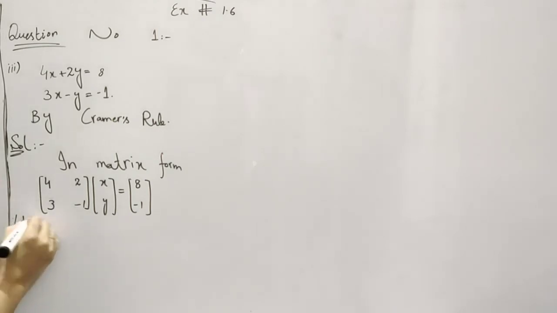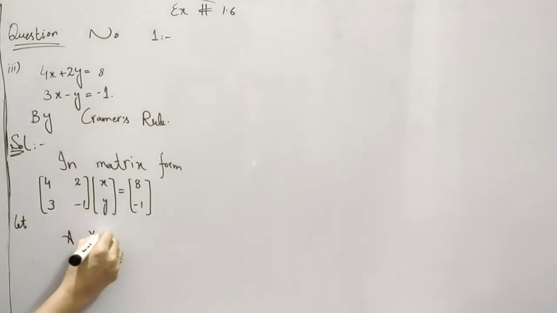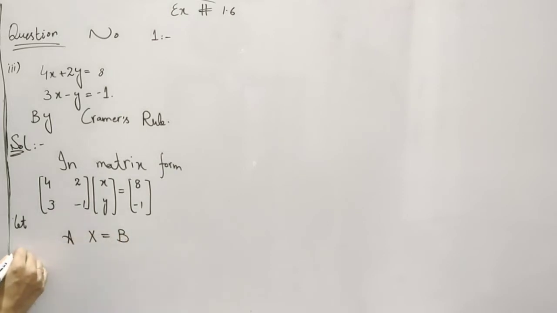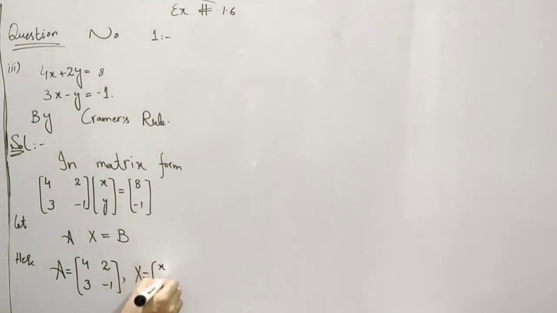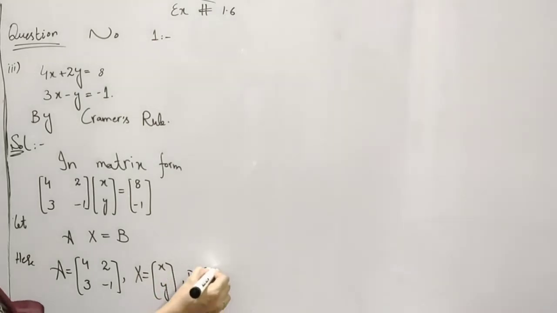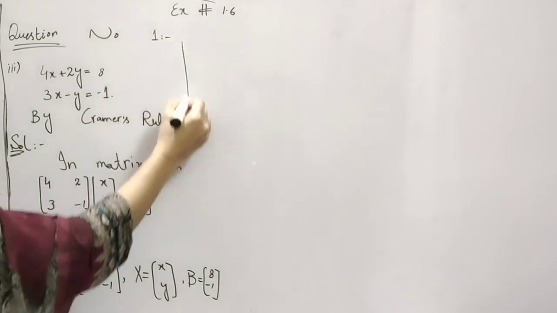Let this be AX = B, where A is [4, 2; 3, -1], X is [x; y], and B is [8; -1].